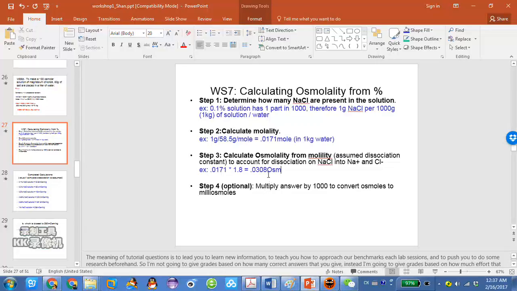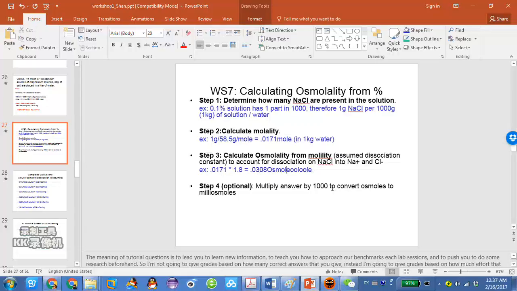In this case, it's not osmolar, I'm sorry, it's osmoles per kilogram, 0.0308 osmoles per kilogram, or osmolal.